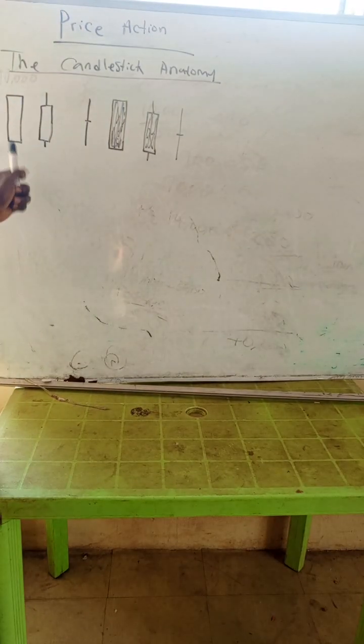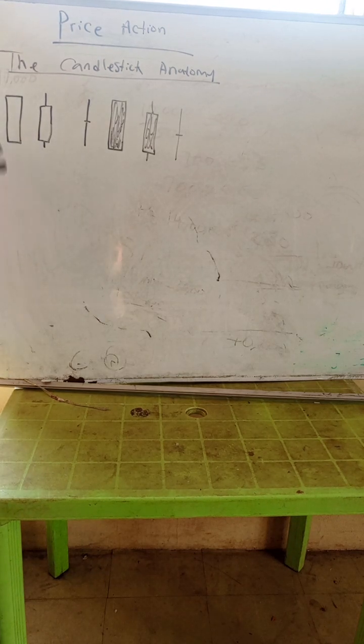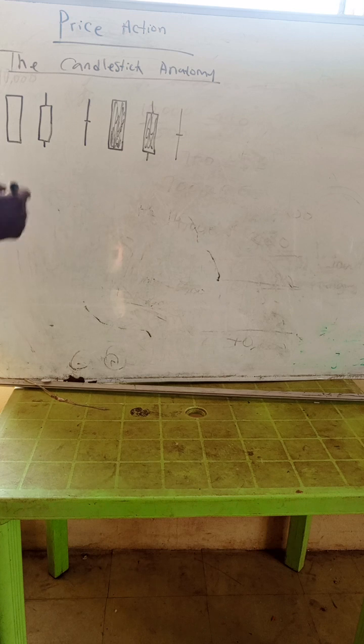For this one here, if you look at the first bullish candlestick, we can call it a high magnitude bullish candlestick, or a high momentum bullish candlestick. This one is a low momentum. I'll use abbreviations to save time.